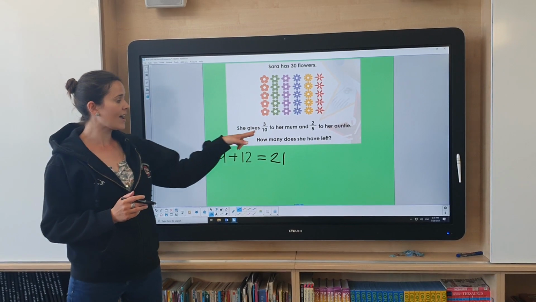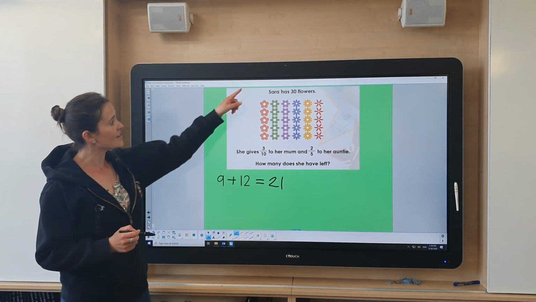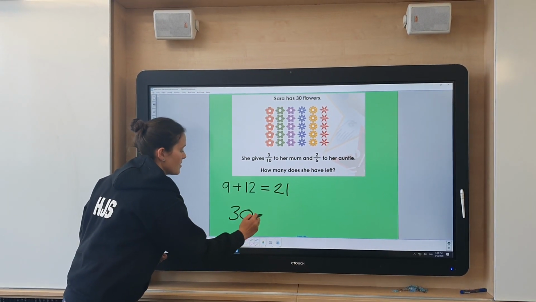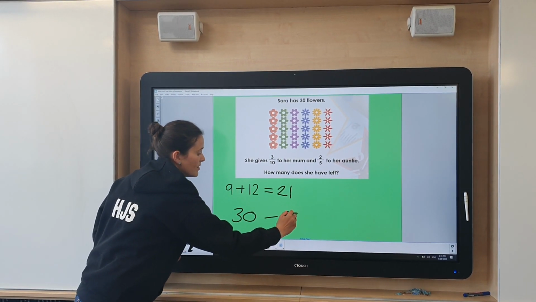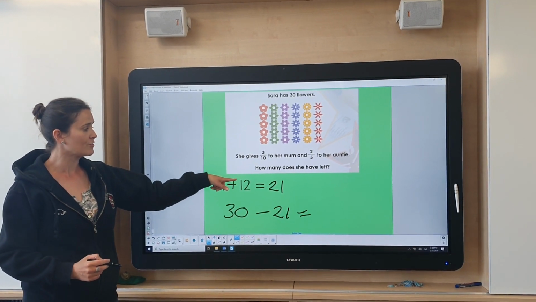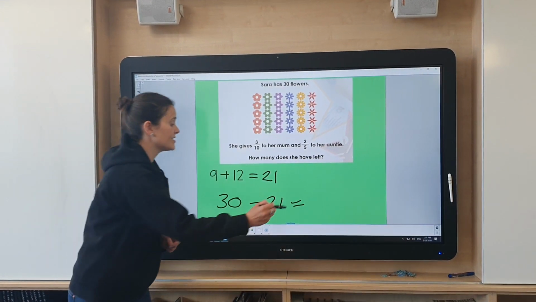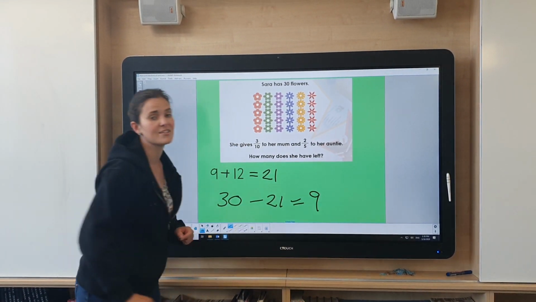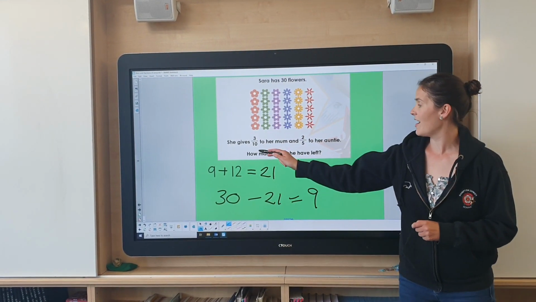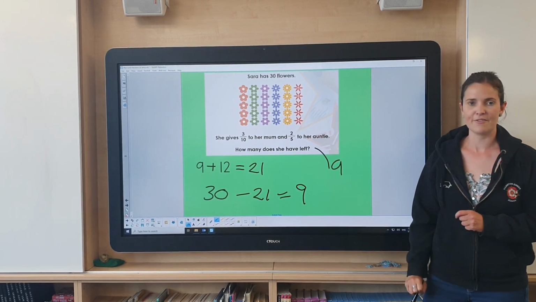If we want to work out how many flowers that Sarah has left, what we need to do is go back to our total, which is 30, take away the 21, which is the total of the 9 and the 12 that we know she gives away to her mum and her auntie. 30 take away 21 gives us 9. So we know that Sarah, at the end of it, has 9 flowers left.